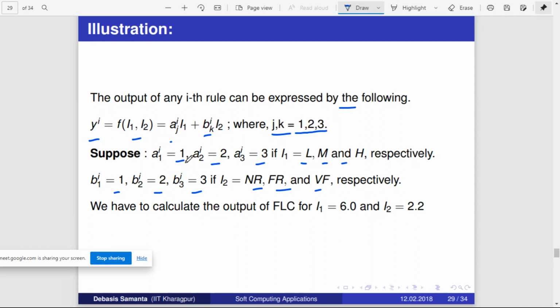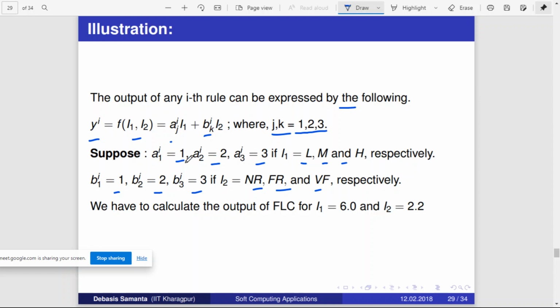Now let us calculate: if I1 is given as 6.0 and I2 is given as 2.2, then what will be the output using Takagi and Sugeno's approach? This is the distribution of I1 and I2 using fuzzy membership functions.